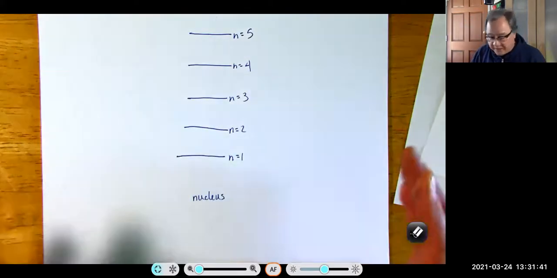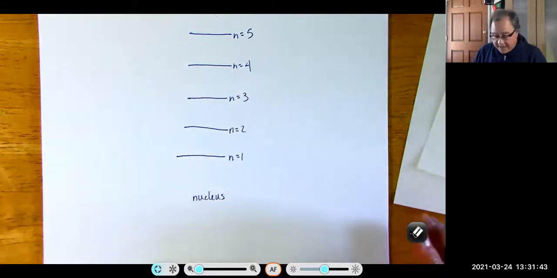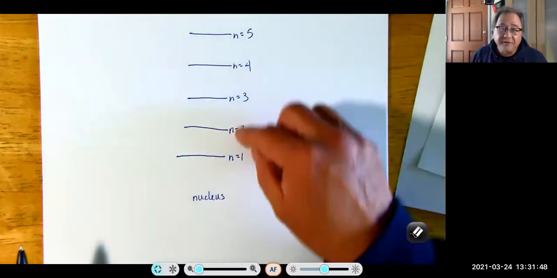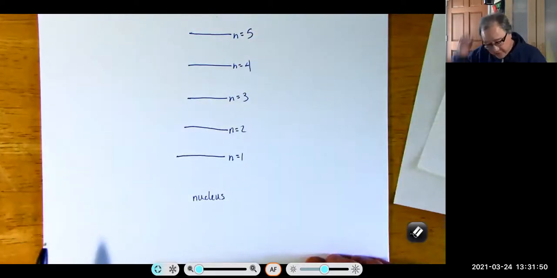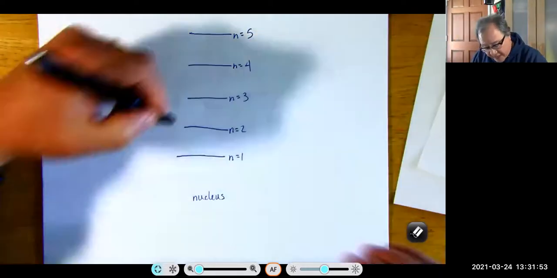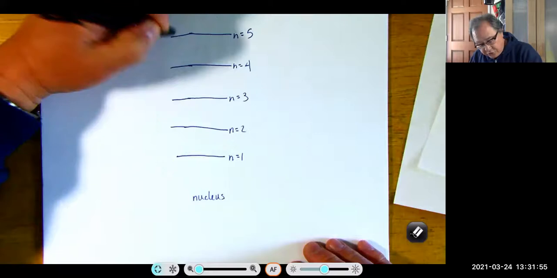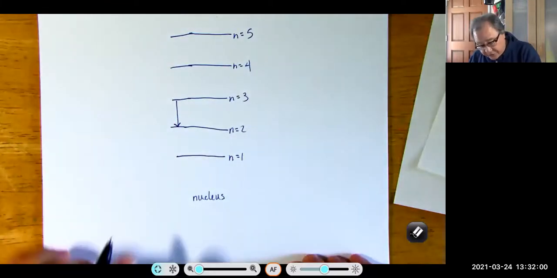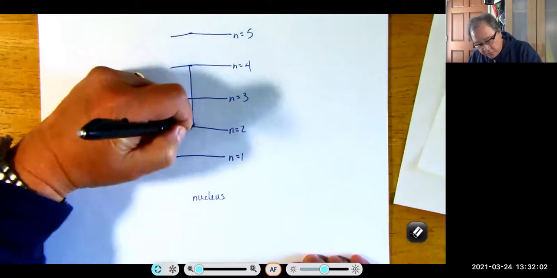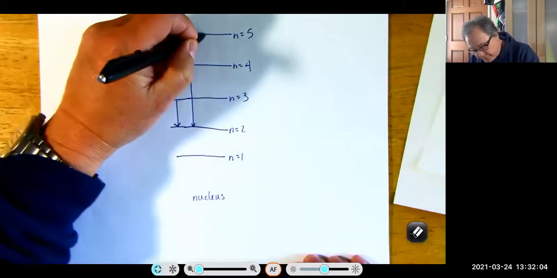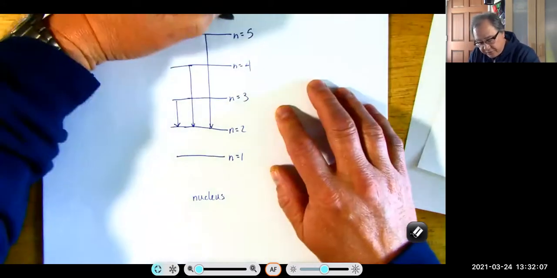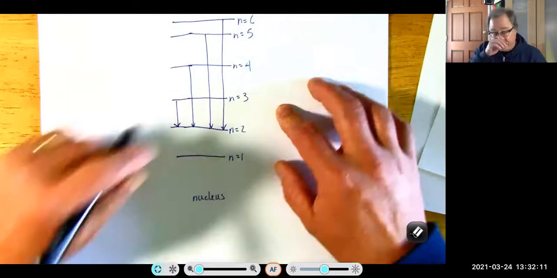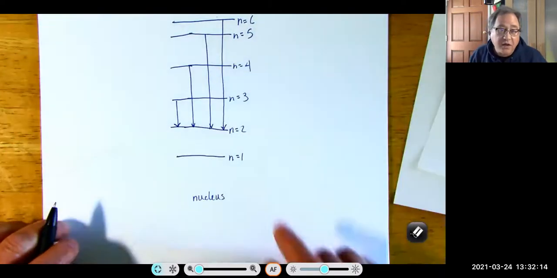So what I'm doing now is I'm kind of taking the hydrogen atom model and applying it to any atom whatsoever with orbits. Okay? So those visible lines in the hydrogen spectrum are due to this energy change from 3 to 2, 4 to 2, 5 to 2, and 6 to 2. Those result in those 4 colored lines.